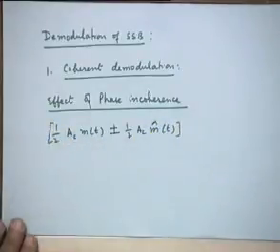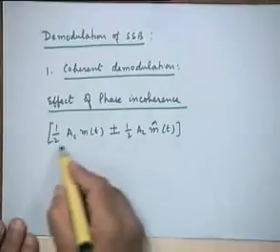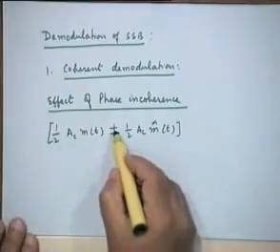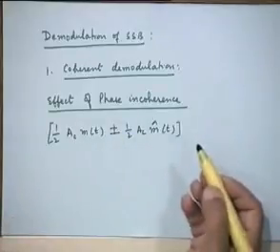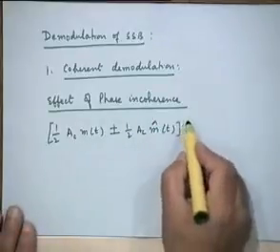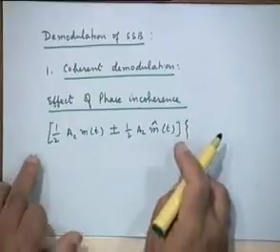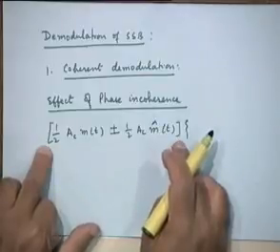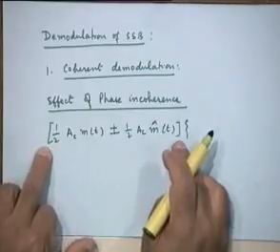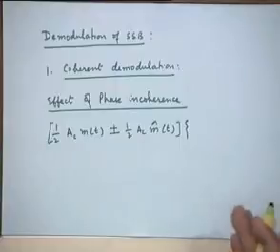This is the expression for the SSB waveform with a plus sign for the lower sideband and a minus sign if I want the upper sideband. So either of these two is fine. In the coherent demodulator, you will take this SSB signal and multiply it with cosine omega_c t, right. That's what the coherent demodulator does, and pass it through a low pass filter.